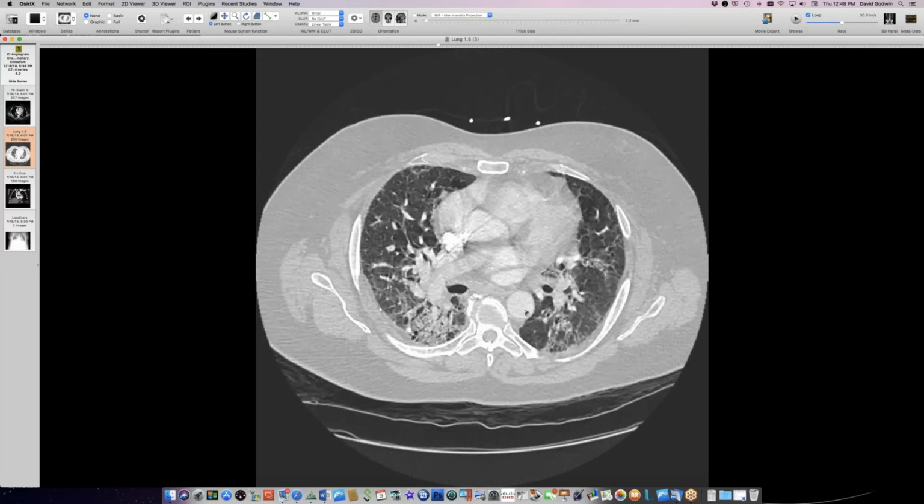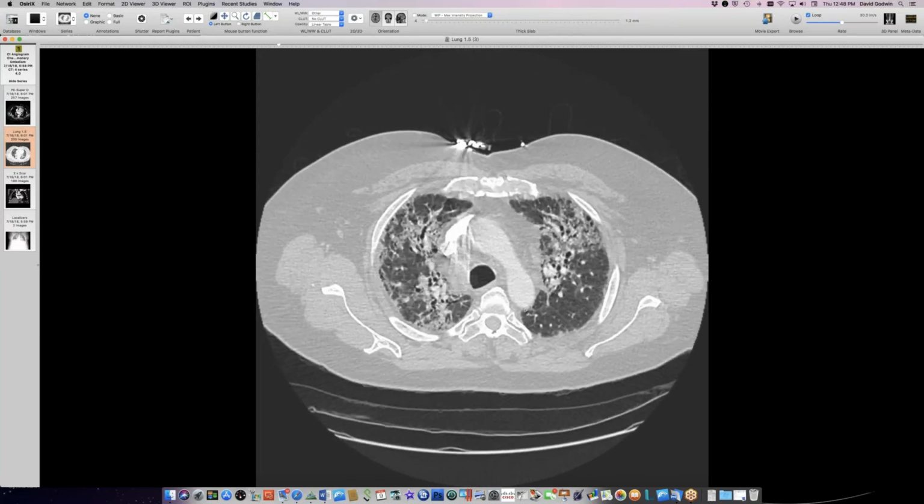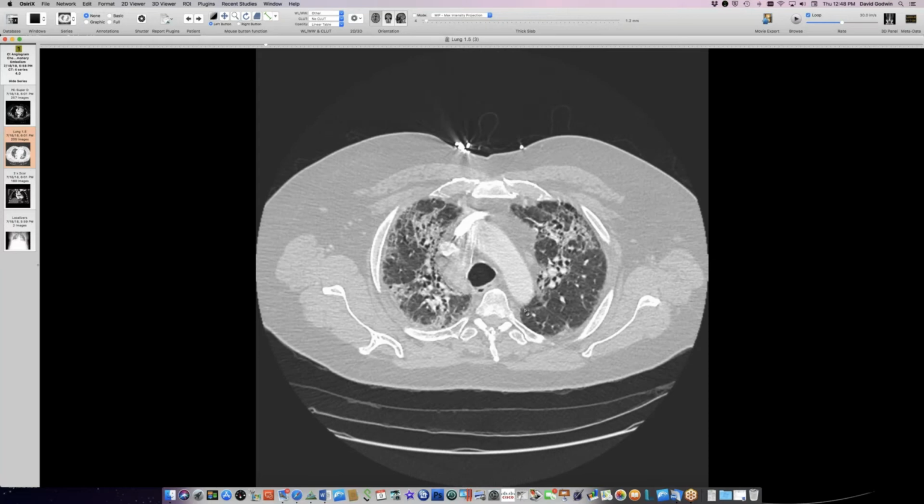It's really more peribronchial. And the work history in this fellow is that he works in a corrugated cardboard manufacturing plant. And his symptoms were worse when he went back to work after being away from work. And that was one of the things that indicated he probably had hypersensitivity to something in that environment.